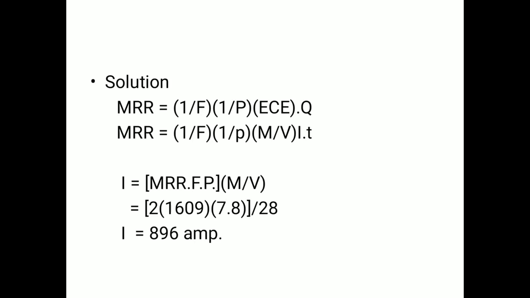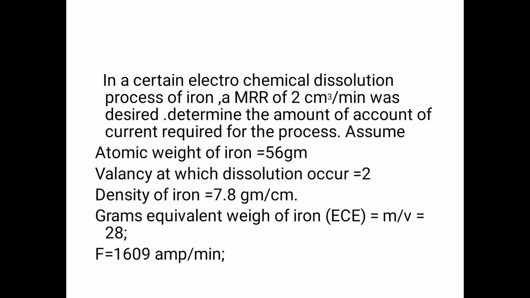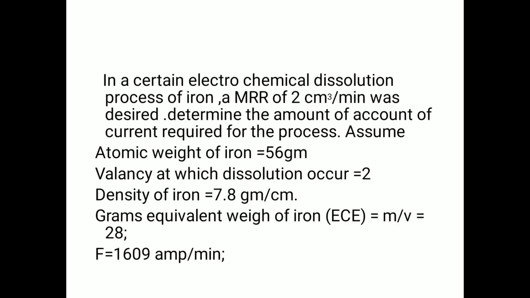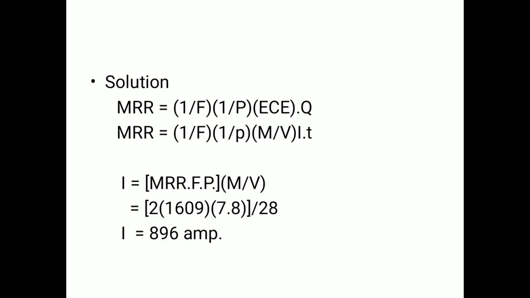If we calculate this, you will get the answer 896. That is current required to remove 2 centimeter cube of iron per minute. I is equal to 896 amps. So this is the answer, 896 amps.